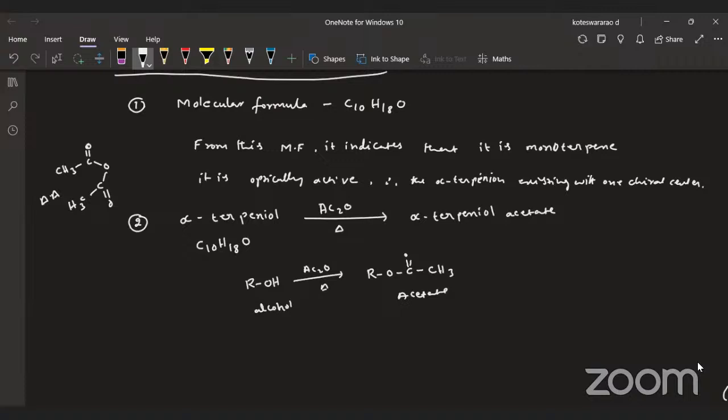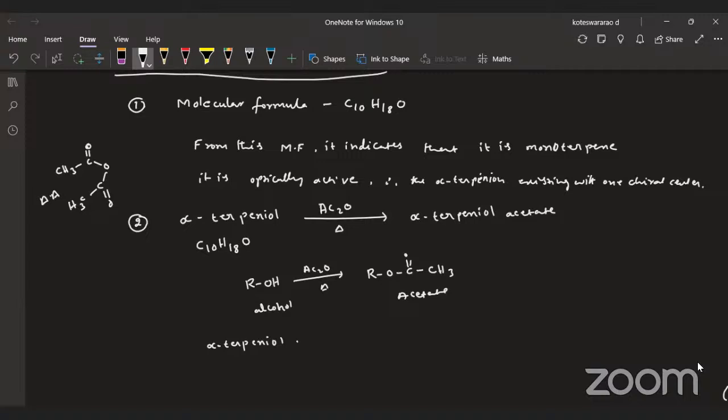Now, what is this reaction indicating? This reaction indicates that alpha terpinol is existing with one hydroxy group.